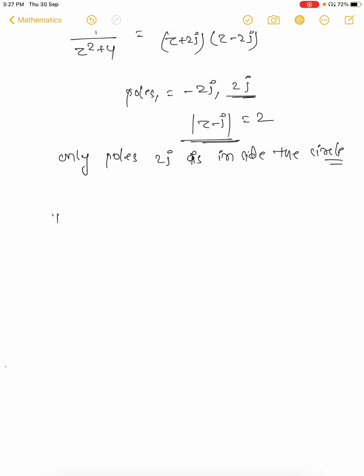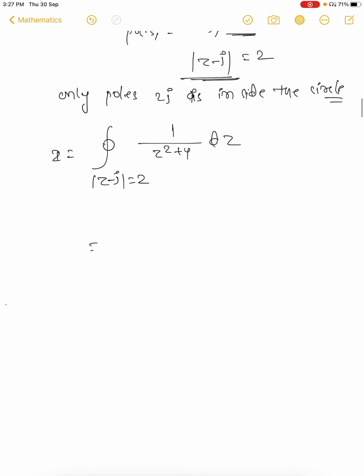So by the formula, the closed integral over |z − j| = 2 of 1/(z² + 4) dz = 2πj × 1/(2j + 2j) = π/2.